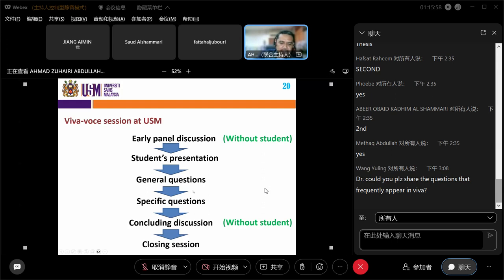So they don't really show any specific sections of your thesis. They just ask you questions so that they can see your response and they can test your knowledge. After that, once done, they will start asking you specific questions, and usually they will go chapter by chapter from the beginning to the end. They will take turns, and from chapter 1.